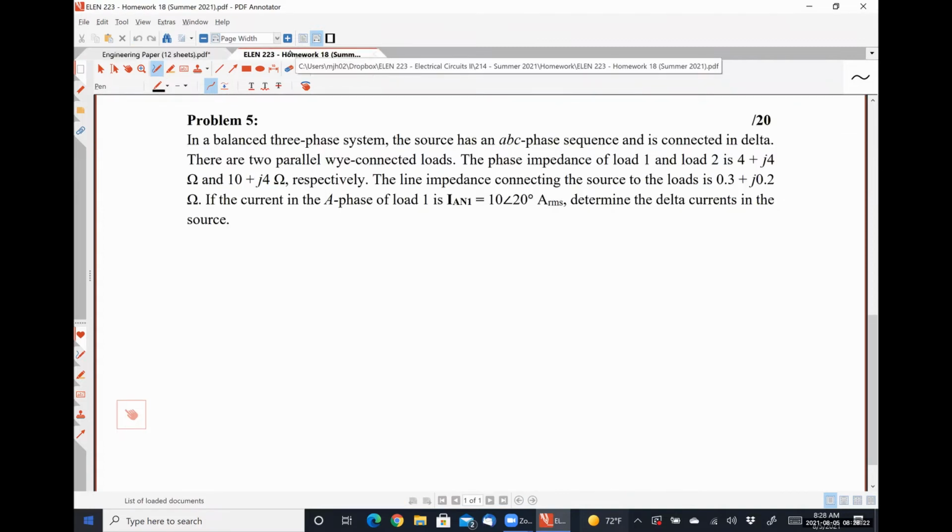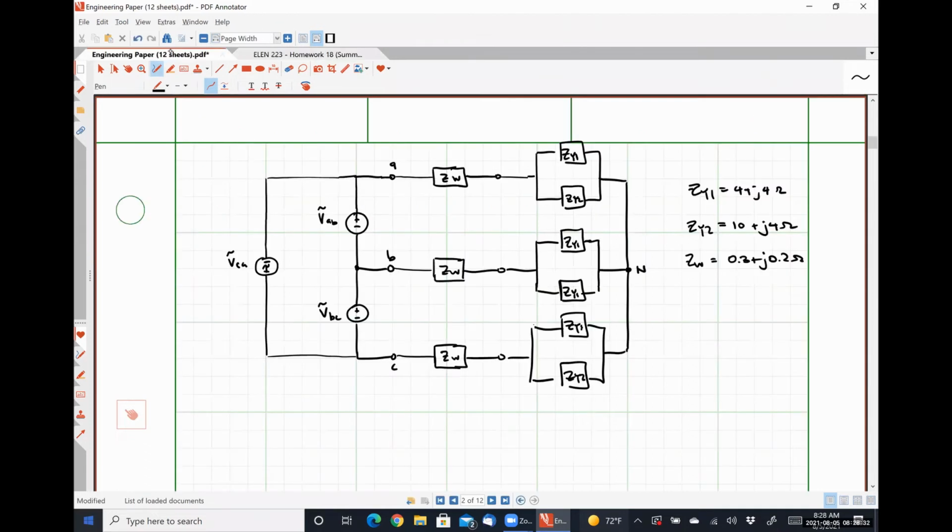And IAN1 is 10 angle 20 degrees amps. This is capital A, capital B, capital C.